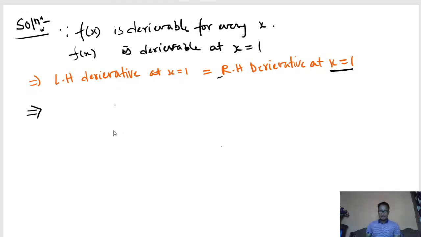Now, see, you will find some new way of solving methods here.